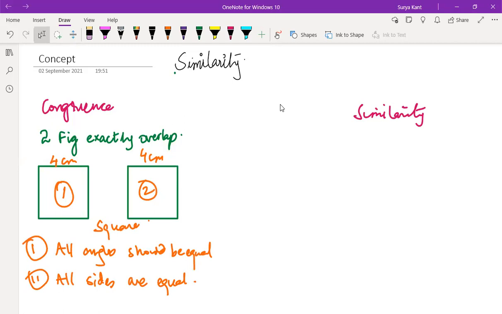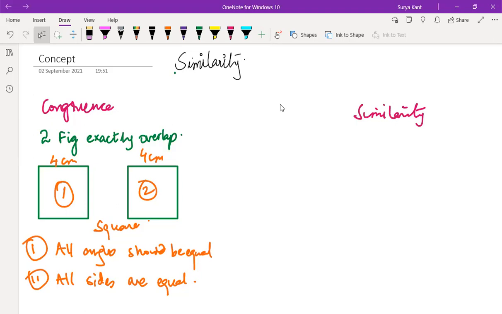Is it clear till here, Praharshan? Congruence means two figures which exactly overlap each other are called congruent figures.